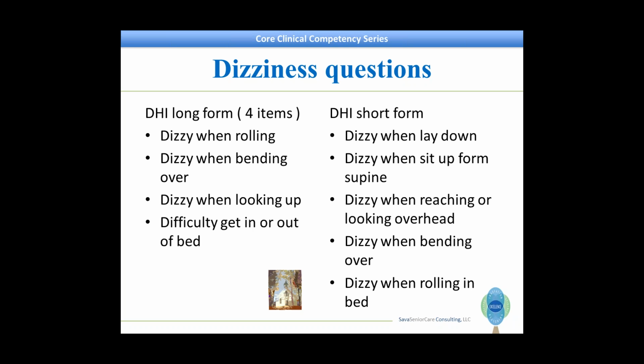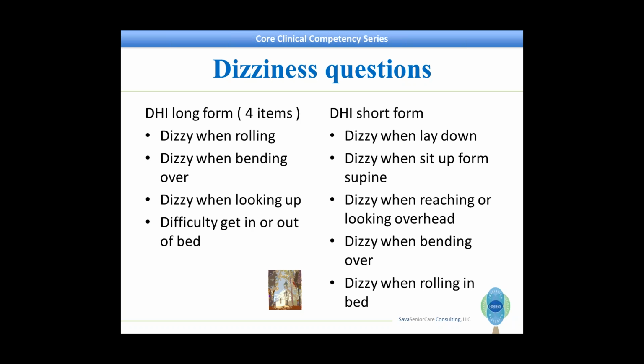On the short form, they're very specific to BPPV. There's actually been research that shows that if they answer yes to any one of these questions, and the more of them they answer yes to, you can be almost 90% confident they have BPPV.